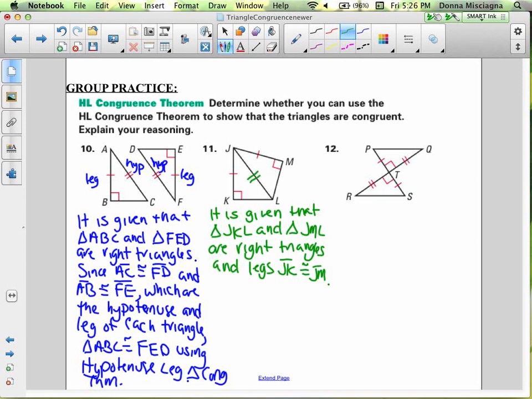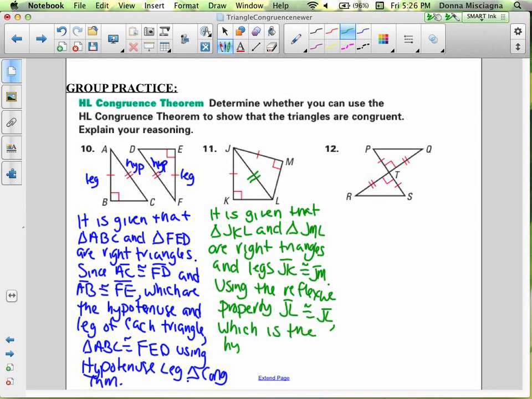Remember, we can mark that using the reflexive property. So using the reflexive property, JL is congruent to JL, and that happens to be the hypotenuse of each triangle.